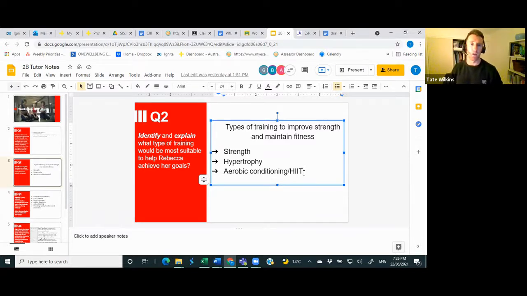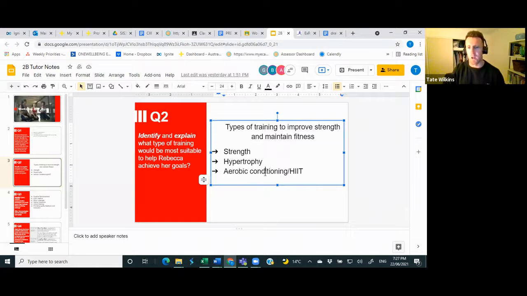We know with HIIT the benefits are that we can do intervals, like a Tabata on the bike, or 30 seconds on, 30 off. It's not hard to do at the end of a session or a short session, but it still gets a lot of cardio benefits without compromising her other goals. Does that make sense?